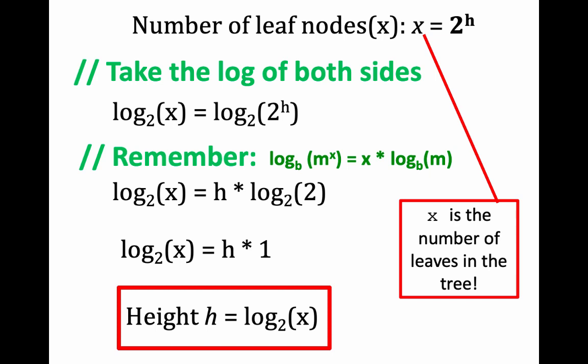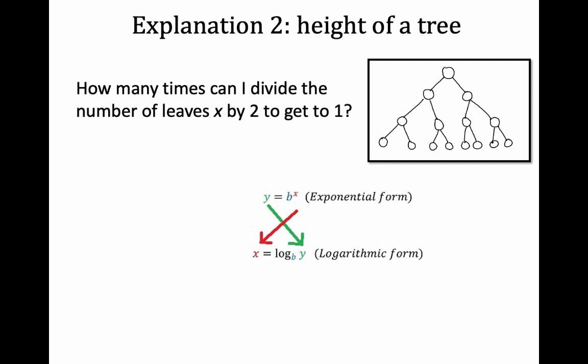Okay, we're going to try one more explanation to convince you that the height of a perfectly balanced binary search tree is about log base 2 of x, which is the number of leaves, or about the same as n. So here we're thinking about how many times can I divide the number of leaves x by 2 to get to 1? You can think about that as x being the number of leaves on the bottom, and then how many times do I have to divide them in half, or divide them by 2, so that's like the branches going up.